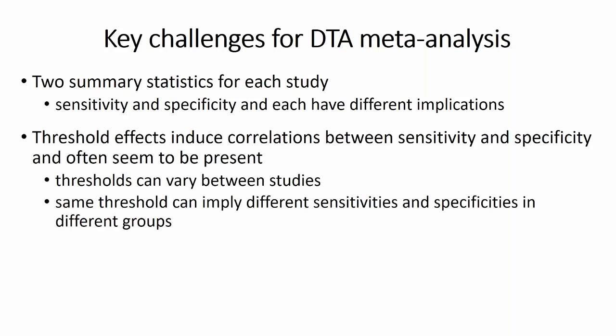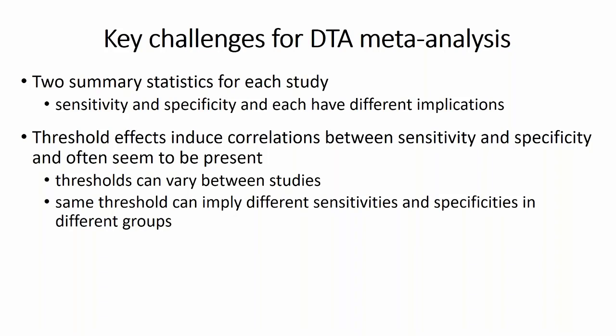Now, threshold effects, again, are a challenge because sensitivity and specificity are potentially correlated across studies. This is because studies may have used different thresholds for defining test positivity, or even where studies have used the same threshold, or it's a test where you don't get a numeric or an ordinal test result.